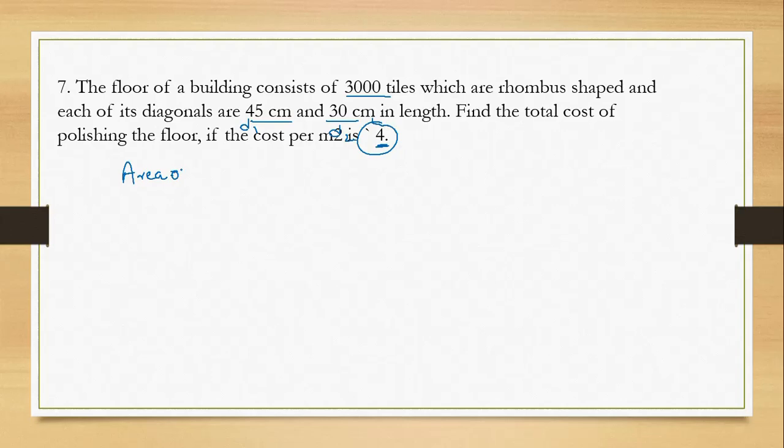So the area of a rhombus tile is half into d1 d2, and this is half of 45 into 30.